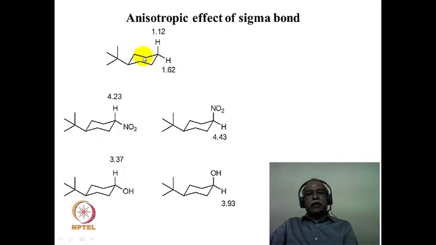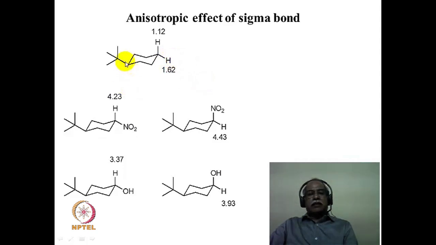This beta-gamma bond has an anisotropic effect that causes deshielding of the equatorial hydrogen in comparison to the axial hydrogen. So the axial hydrogen is more shielded compared to the equatorial hydrogen. Therefore, the axial hydrogen always comes at a lower delta value compared to the equatorial hydrogen.